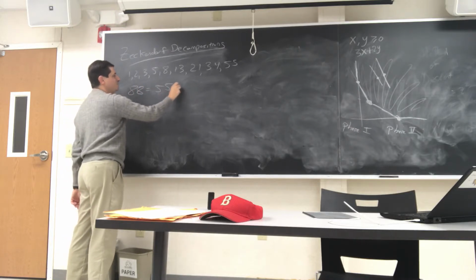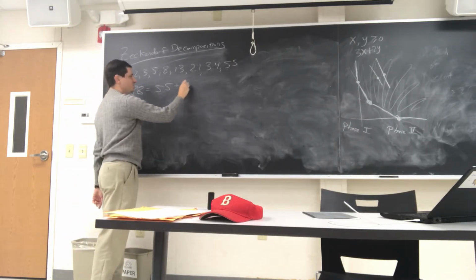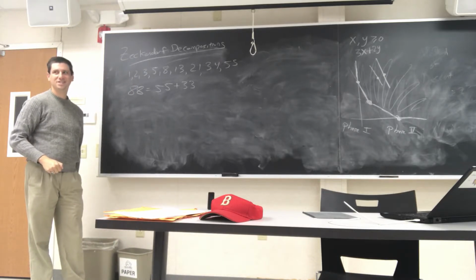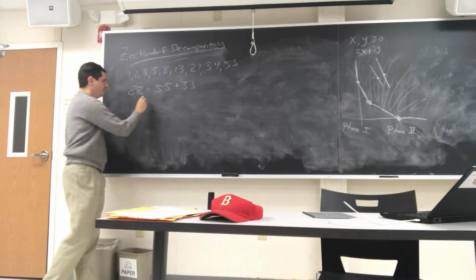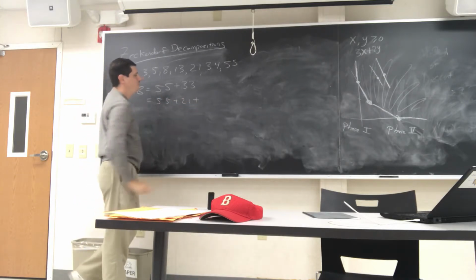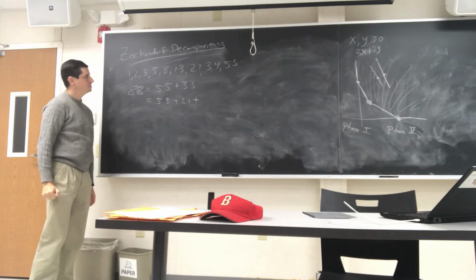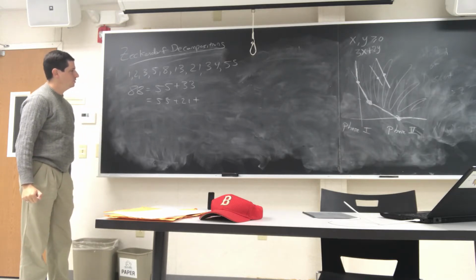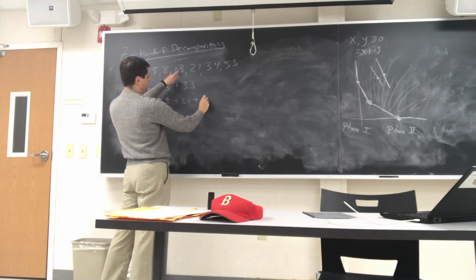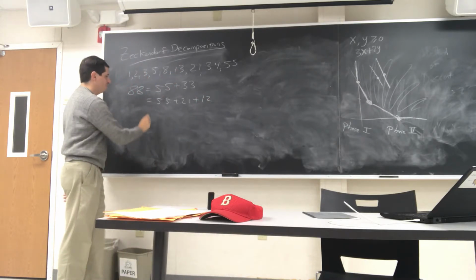So 88 is 55 plus 33, right? And 33 is 1 less than, I know exactly what this is going to be. It's going to be 55 plus 21 plus 12. Because it's got to be 1 less than this, right? So I have to keep going as much as possible.